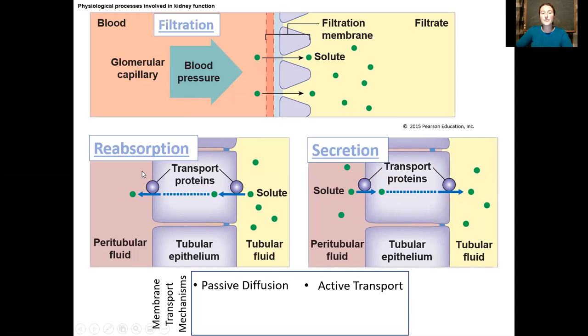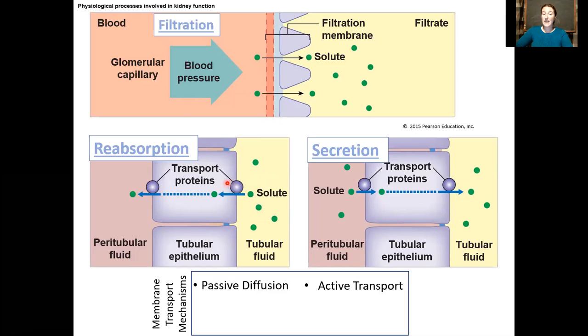In order to reabsorb and secrete, we have a series of membrane transport mechanisms that are going to facilitate this process. Just as a reminder, passive diffusion is allowing substances to flow with their concentration gradient. What we can see here is that there's a high concentration of solutes in the filtrate.